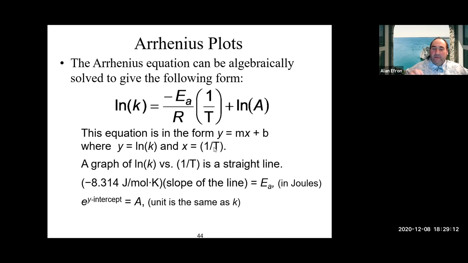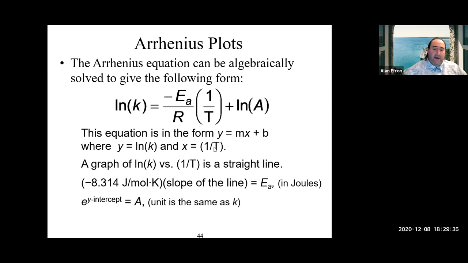I will say as well, this is typically an equation that a lot of times you usually won't use to solve a problem mathematically. This is usually the one that's used for graphical solving. In a problem, you'd be given a bunch of k values and a bunch of temperature values.